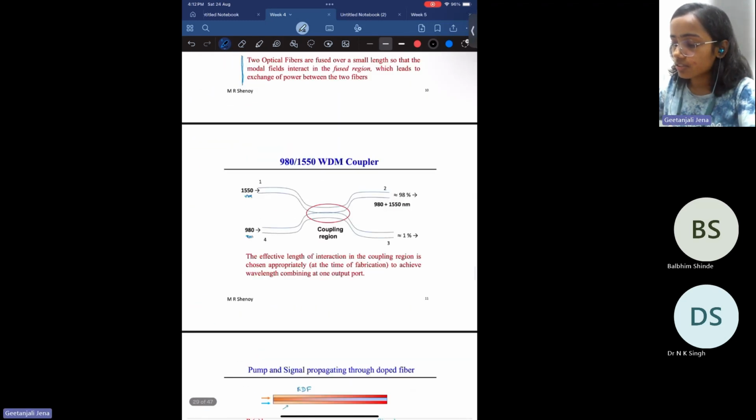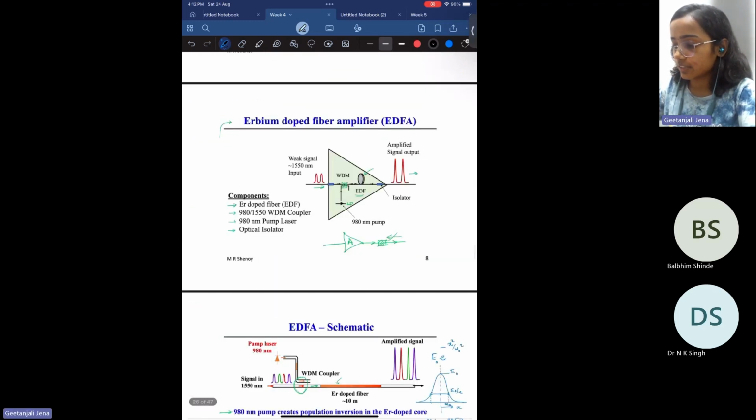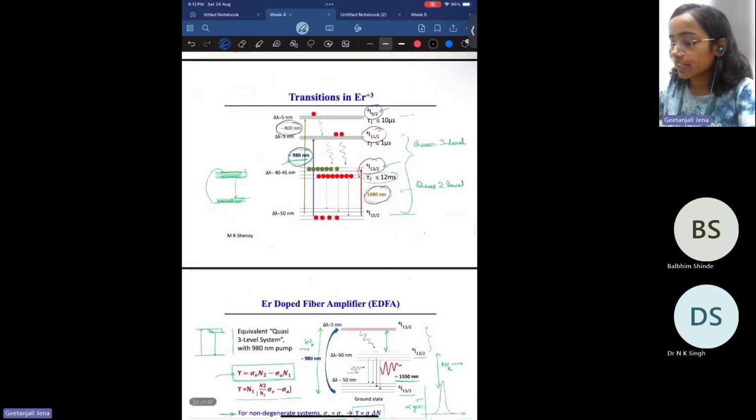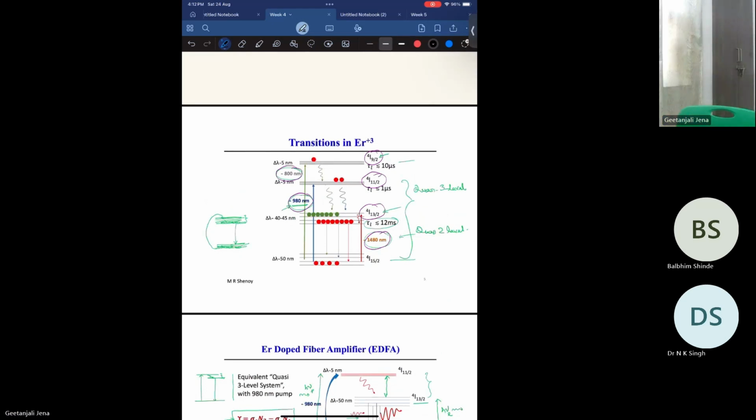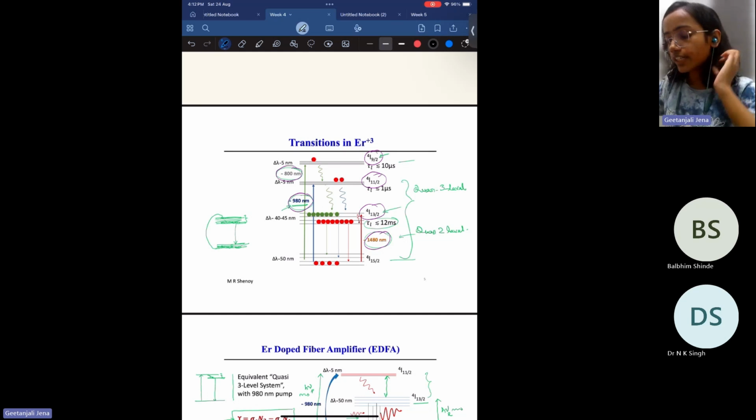In the last section, we were talking about EDFA, right? Depending on the type of pump, like if it is 980, 800, or 1480 nanometer, we can describe the EDFA as either a quasi 3-level system or a quasi 2-level system.